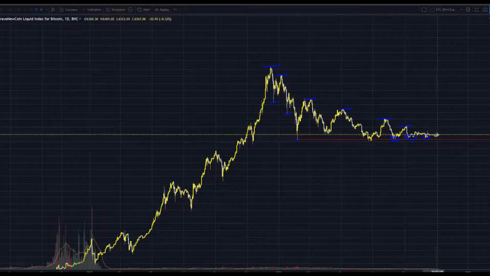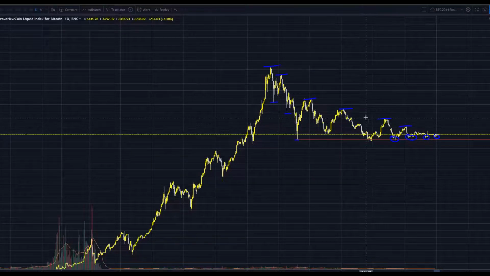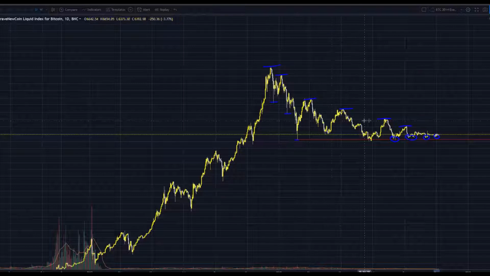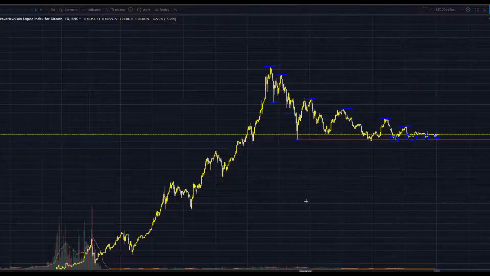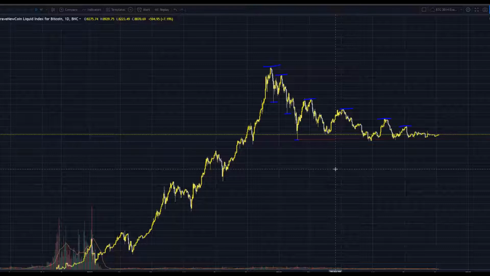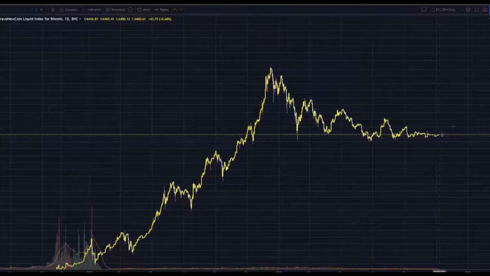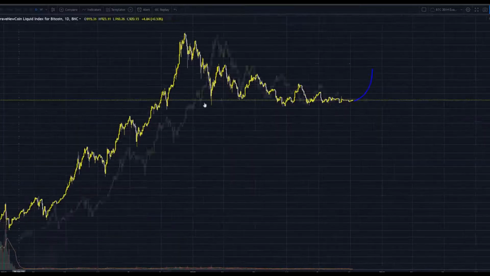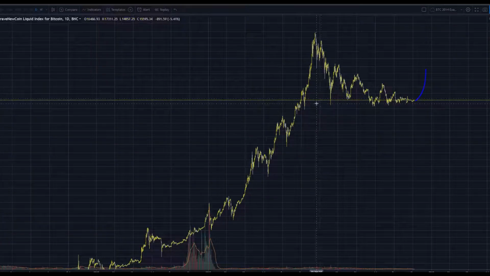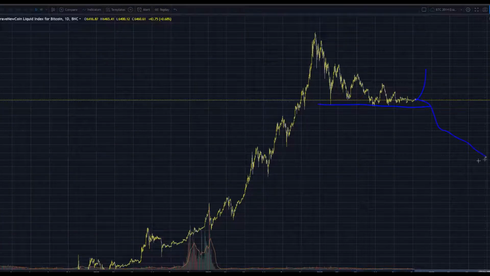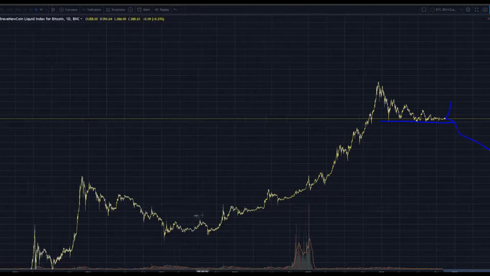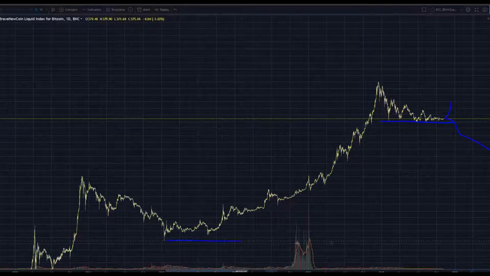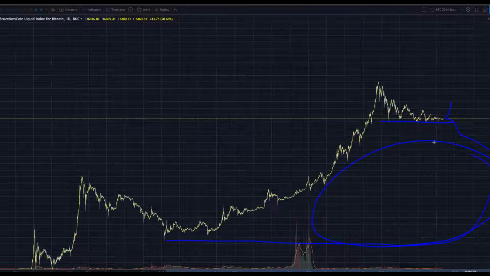So price is getting really tight in here where you have this intermediate term down market, but you're in a long-term bull market. So you know at some point it's likely buyers will come in, whether that's in this region to take it up or whether that's after it breaks down and consolidates further, right? We still want to be long and looking for longs anywhere in front of here, right?